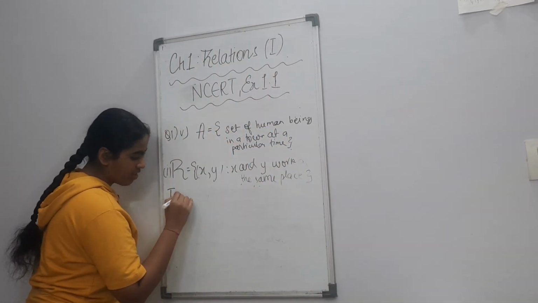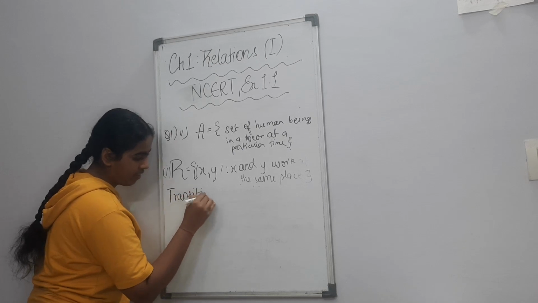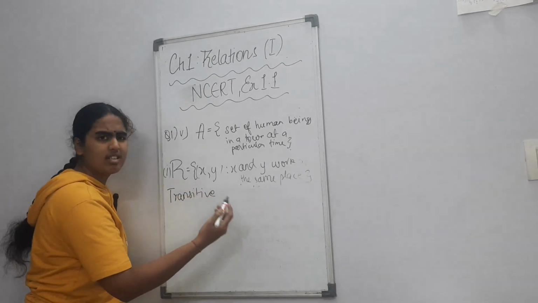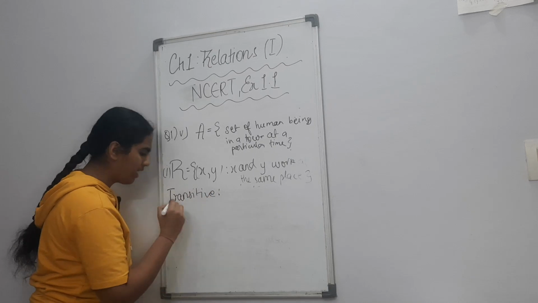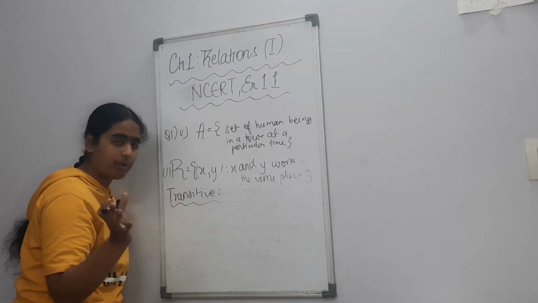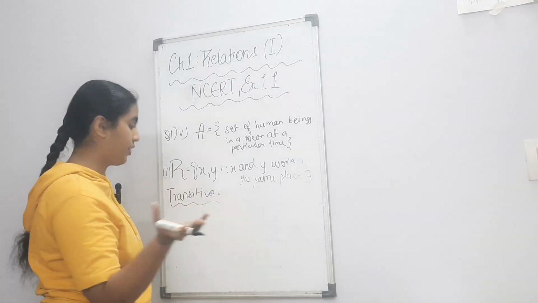So, writing our condition, transitive. You can write transitive or transitivity, you just need to write the condition that you are proving, and highlight it however you want, it should be visible to the examiner.